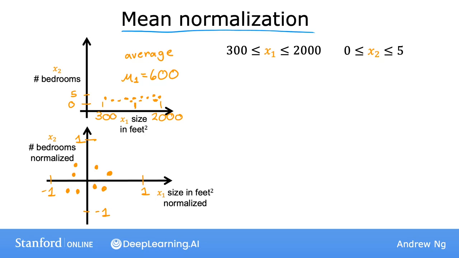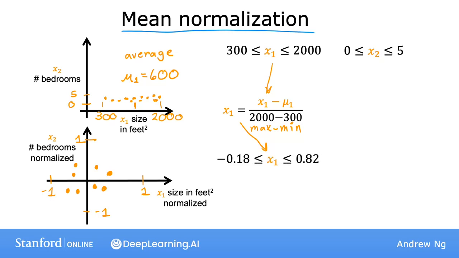So let's take each x1, subtract the mean mu1, and then divide by the difference 2000 minus 300, where 2000 is the maximum and 300 the minimum. If you do this, you get the normalized x1 to range from negative 0.18 to 0.82.